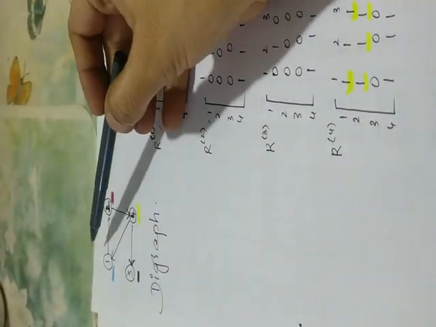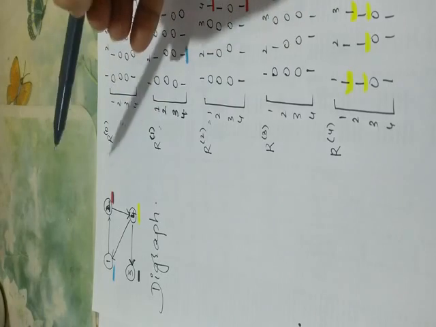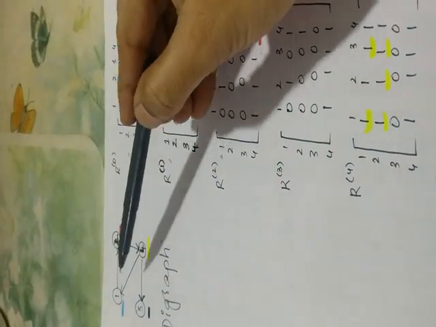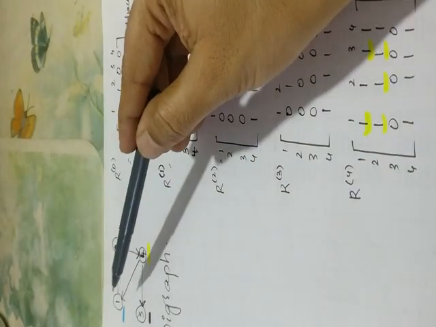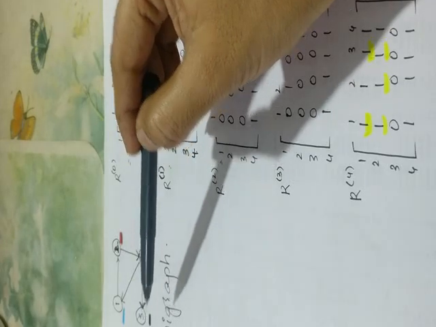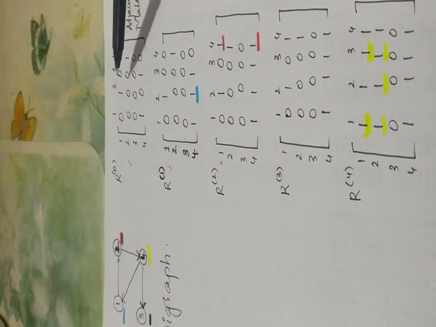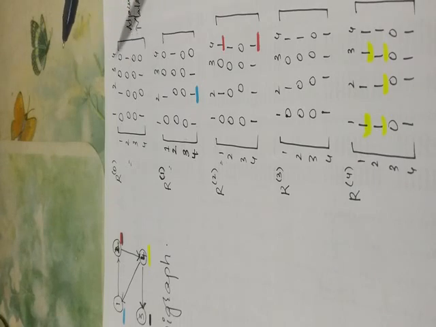Let me take one example to first represent the adjacency matrix R0. You can see here there is a path between 1 and 2, so I have represented it as 1. And there is no other path to vertex 3 and 4, so it is all 0. 1 to 1, no self loop. 1 to 3, 1 to 4, no direct edges.